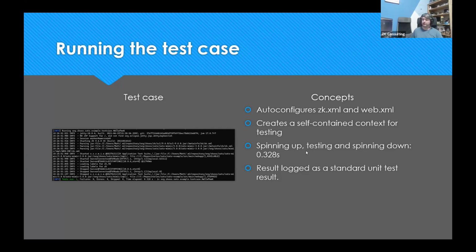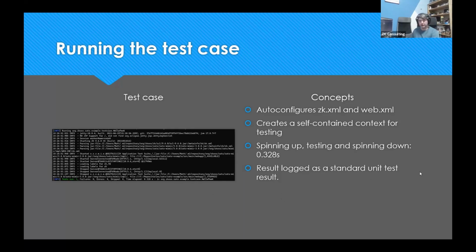It might be a little bit more or a little bit less depending on your clock speed or the complexity of your test, but you should expect to be well under the minute mark when doing tests that way, which is not easy to achieve if you were spinning an entire server. And you can read the result of your test as you would read the result of a regular unit test.